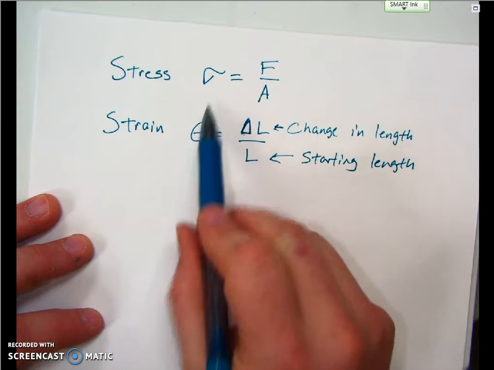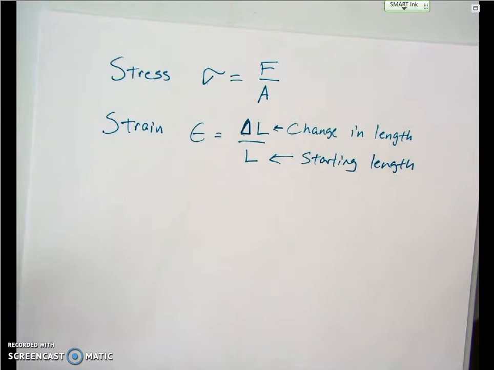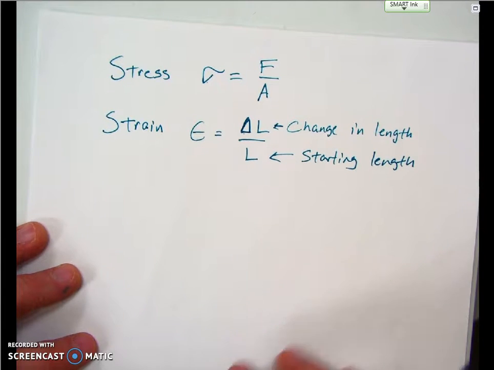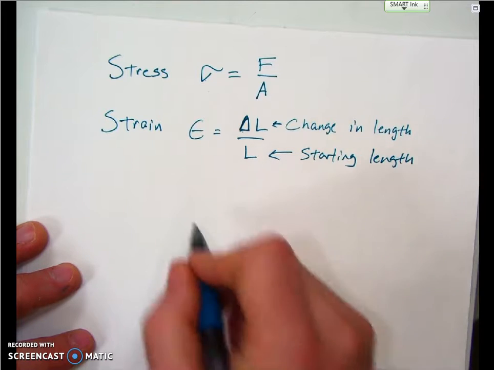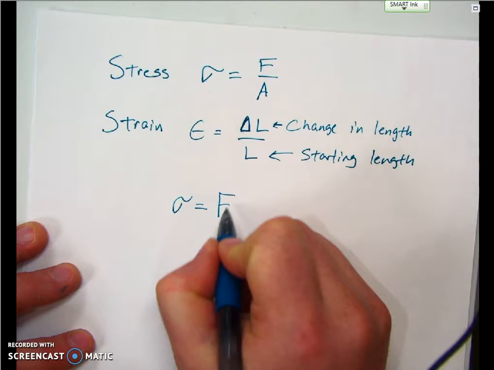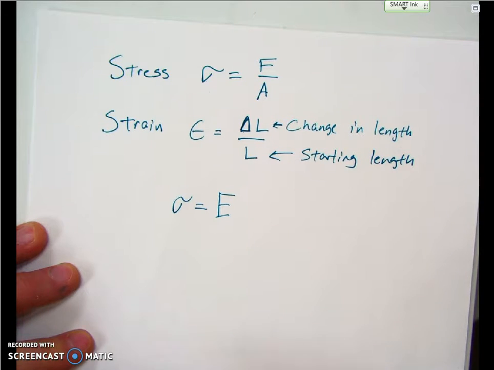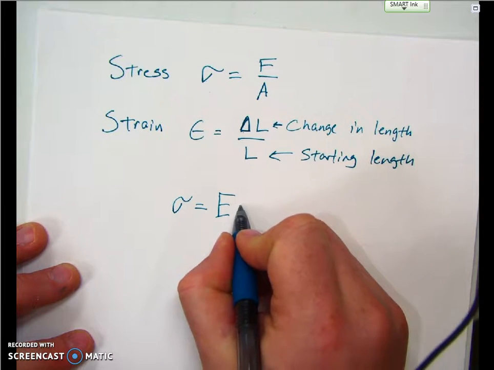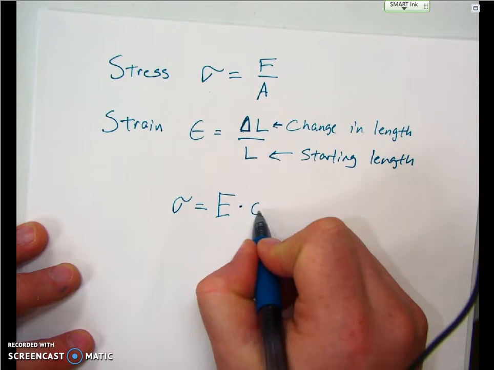Now, these two are related to each other. If I apply more stress to my material, it's going to be under more strain. And the equation that relates stress to strain is: stress is equal to, I'm going to put a big E here, I'll tell you what that big E means in a second, times this epsilon.